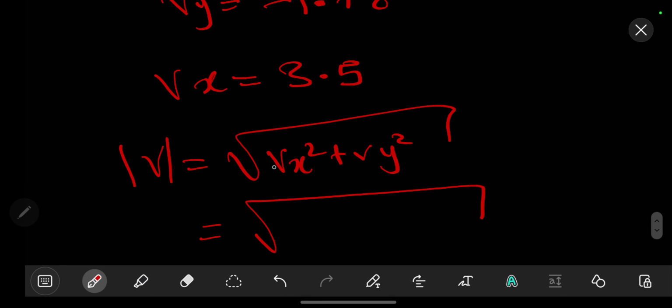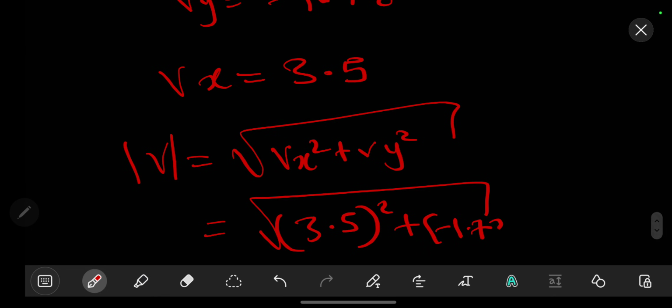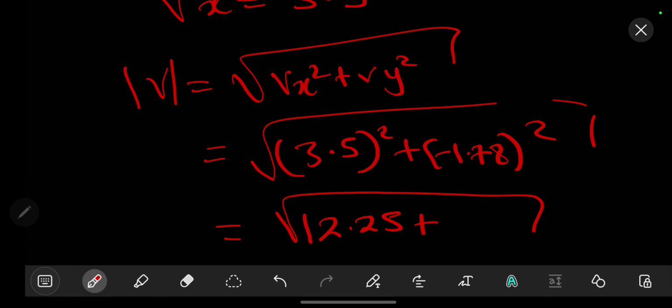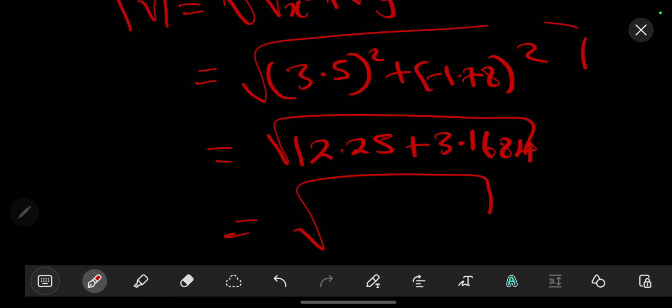Vx is 3.5, and we square this, plus negative 1.78 squared. 3.5 squared gives 12.25, and negative 1.78 squared gives 3.1684. So we have the square root of 12.25 plus 3.1684, which gives 15.4184.